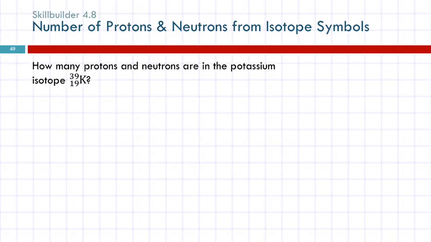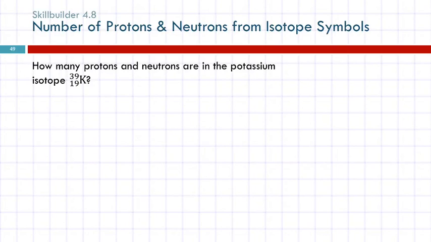So if we're given a symbol here, how many protons and how many neutrons are in this isotope? Well, this number down here, 19, is the atomic number. And if you're not sure, you can find potassium on the periodic table. It's element number 19.